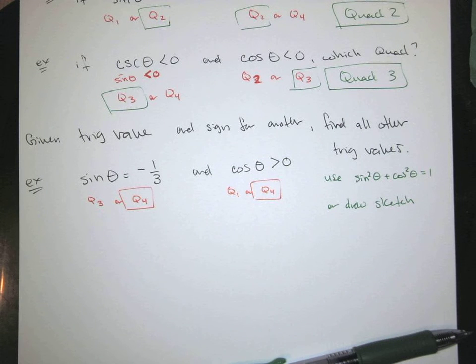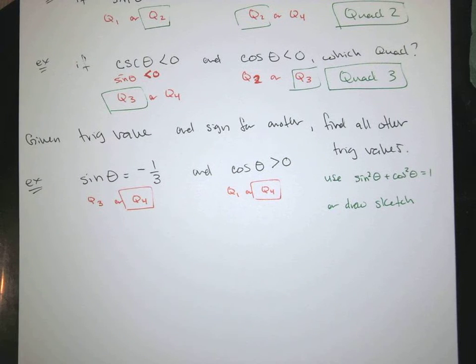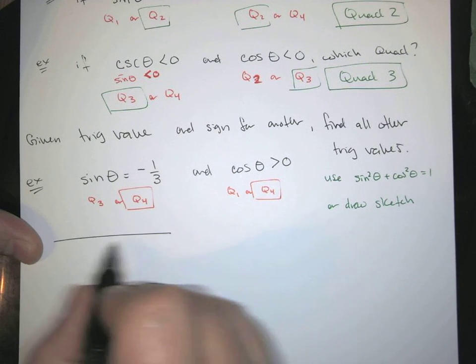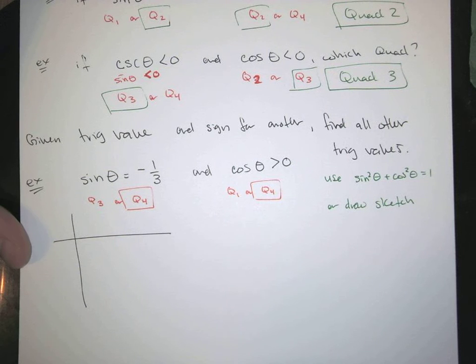Just because we've been working with sketches, I think that's what I'll have us do. And then hopefully you can see why knowing which quadrant we're in is important, because if we're in quadrant 4, I need to make a sketch accordingly.